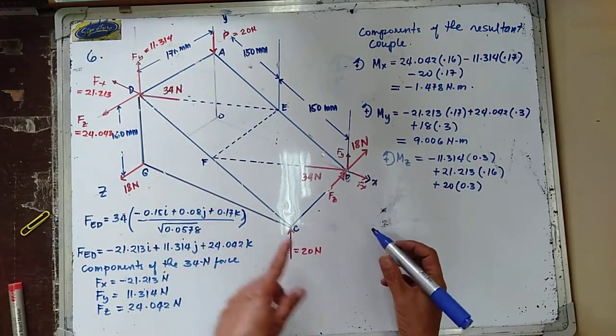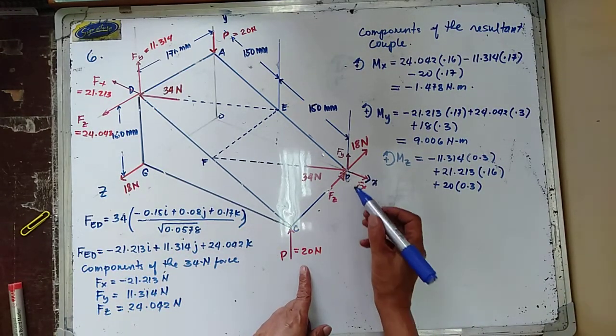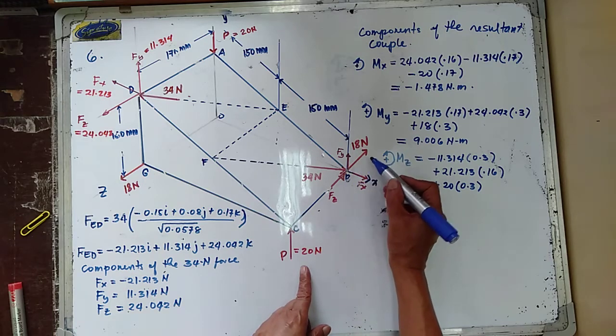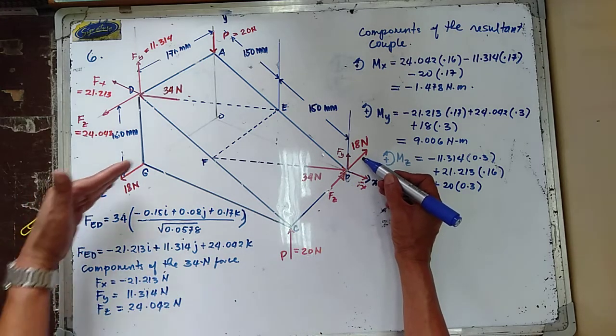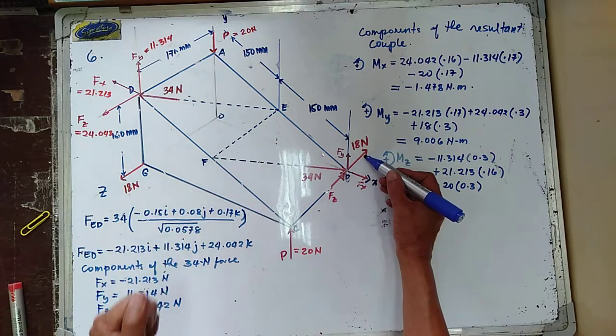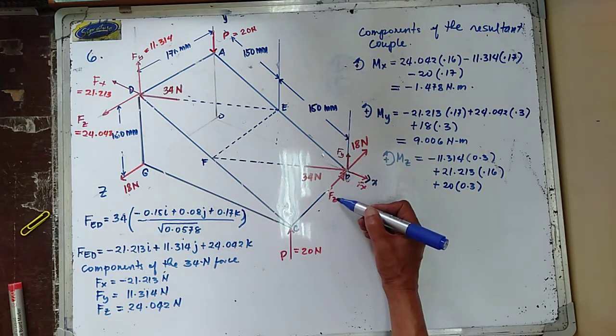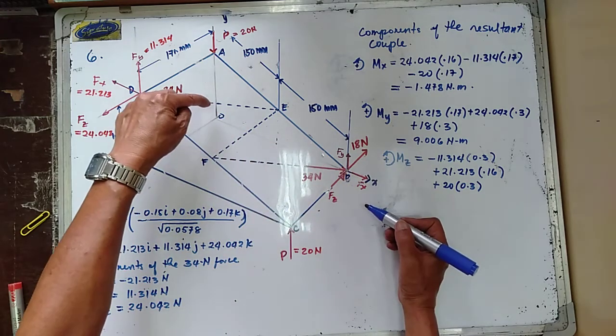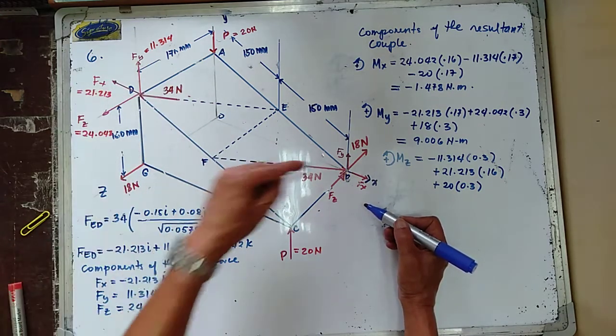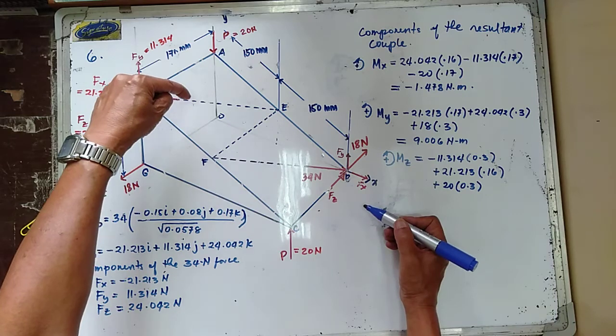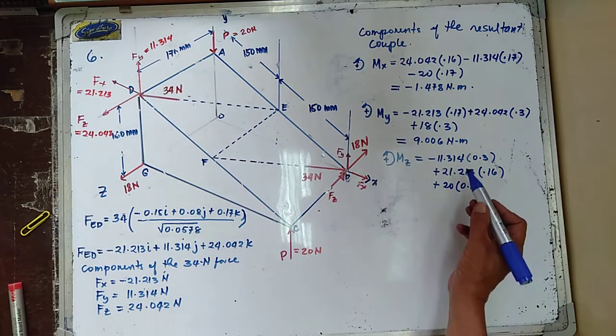Next, the 18 in here is parallel to the z-axis. Fj in here is parallel to the z-axis. Your Fx in here intersects the z-axis.